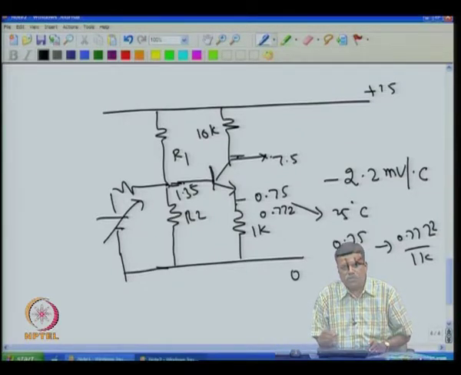Only when this issue was solved, the operational amplifier came in, and then analog electronics started growing very rapidly, and the digital as well as the power electronics also started growing very rapidly after this point only.